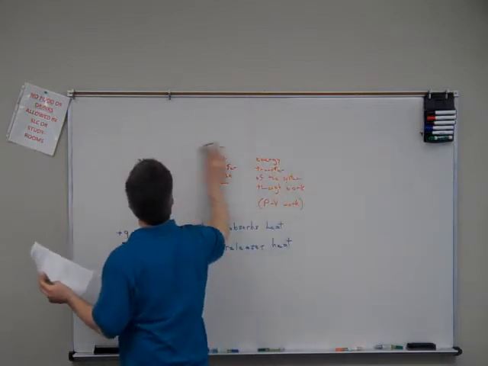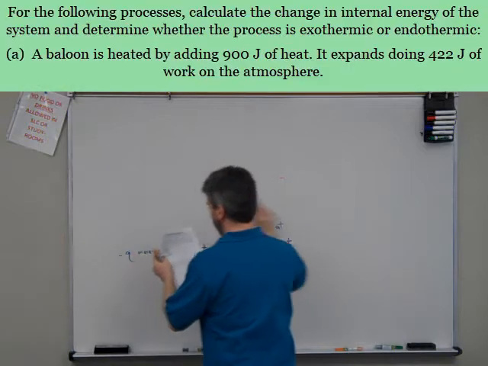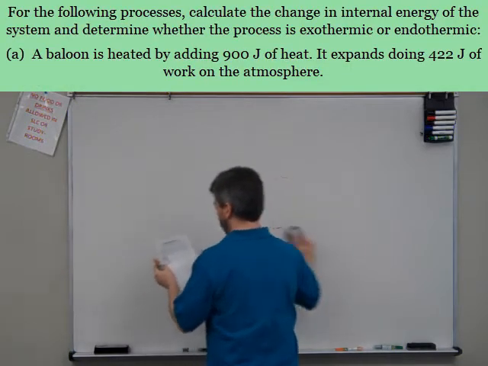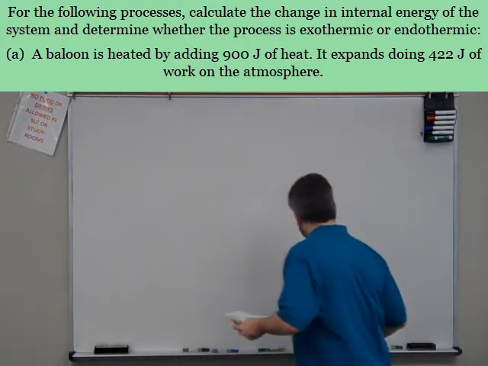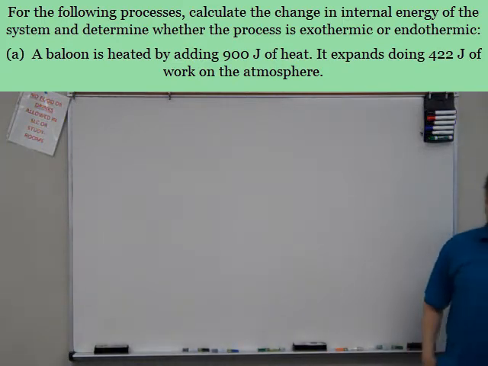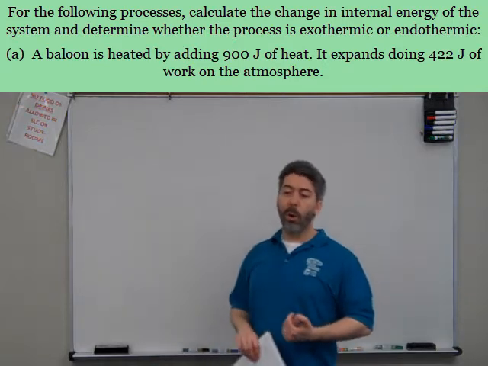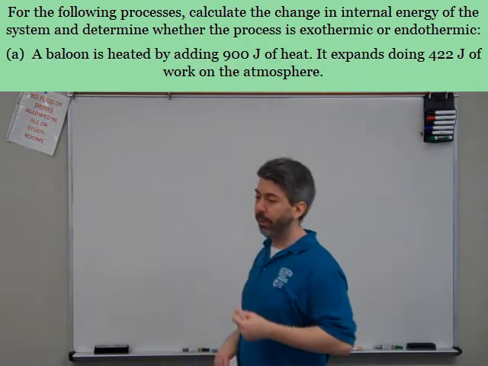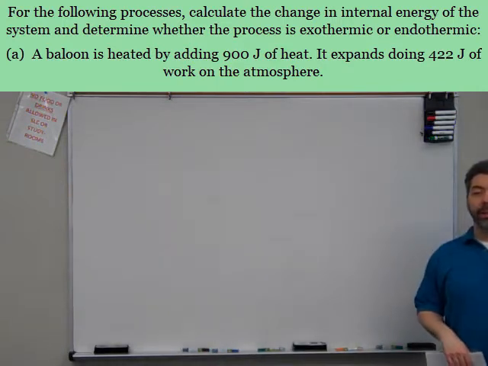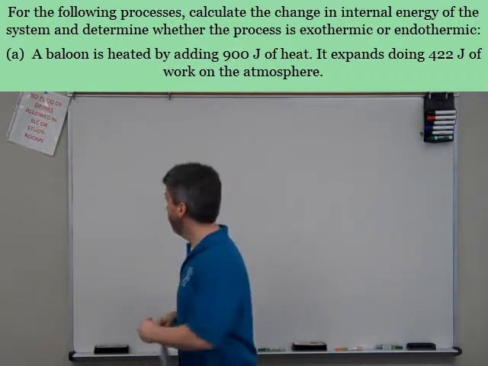Let's take a look at number 2. It says, for the following processes, calculate the change in internal energy of the system and whether the process is endothermic or exothermic. So exothermic and endothermic refer only to Q. If Q is positive, if heat is absorbed, that's endothermic.